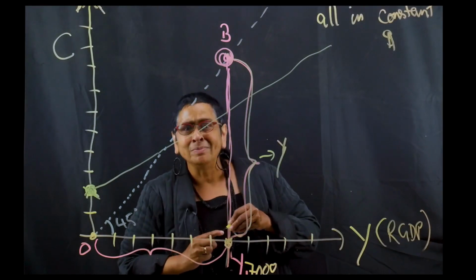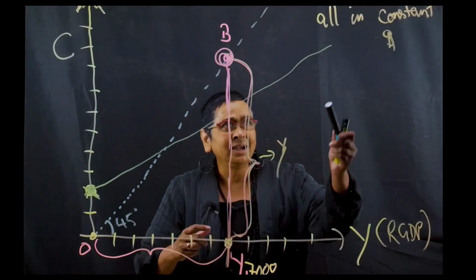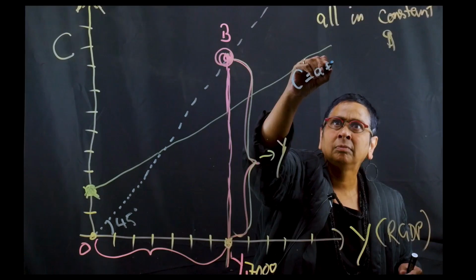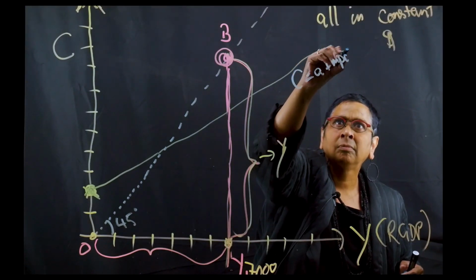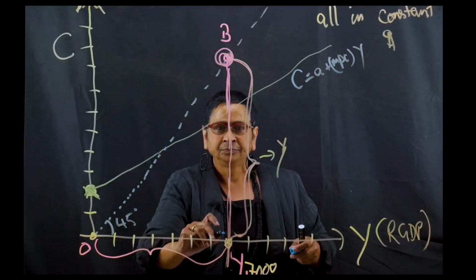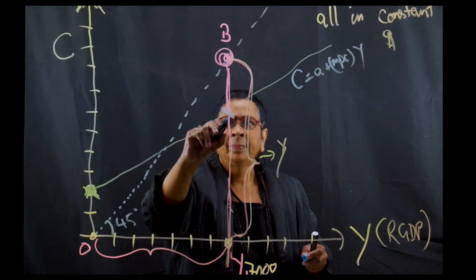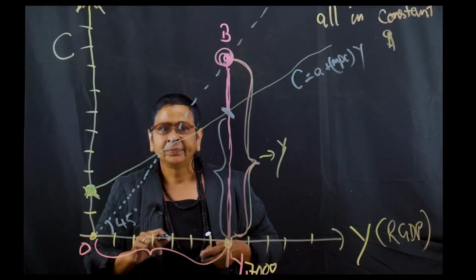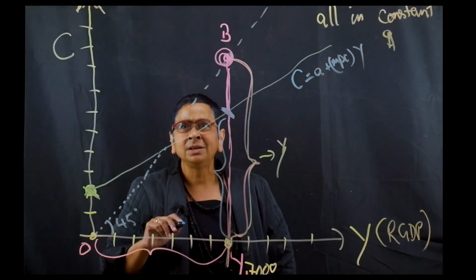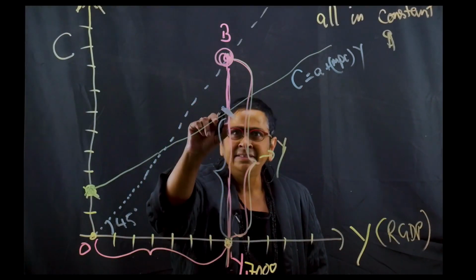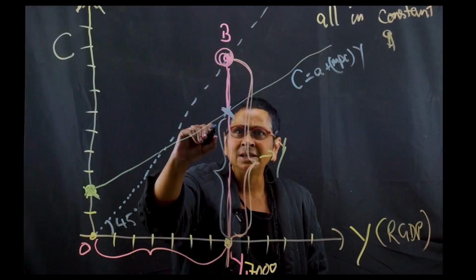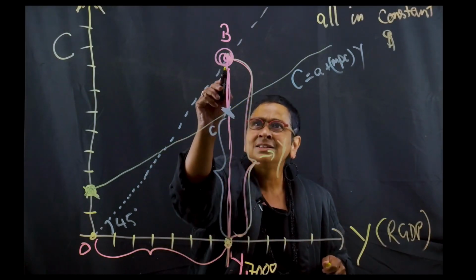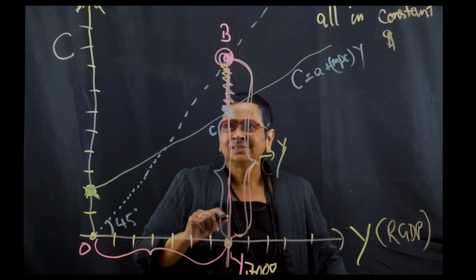How much am I consuming at that income level of 7,000 billion? I figure that out from my consumption function. Over here, this distance is my consumption. If all the way up to B is my income, and this amount up to C is my consumption, then it follows that this difference is savings.